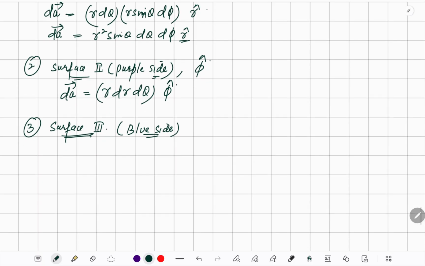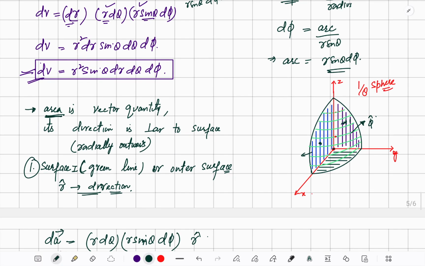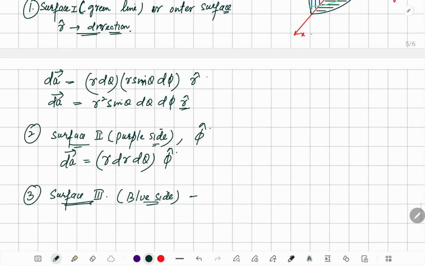I hope you got it. So the third surface, in the spherical polar coordinate system, is having minus phi cap direction, because it's going this way. What would be the area? dA, the other two sides, just like this, r dr d theta minus phi cap.